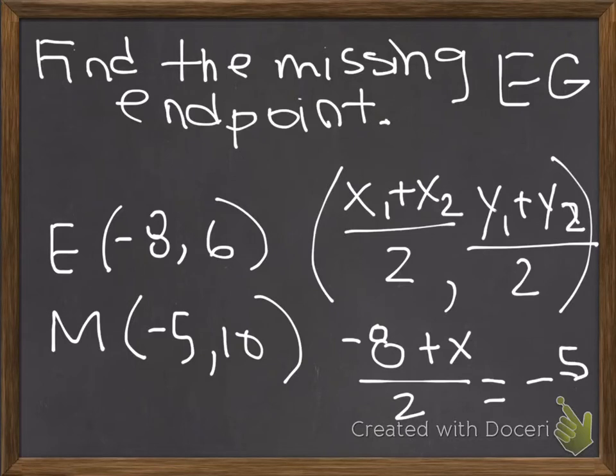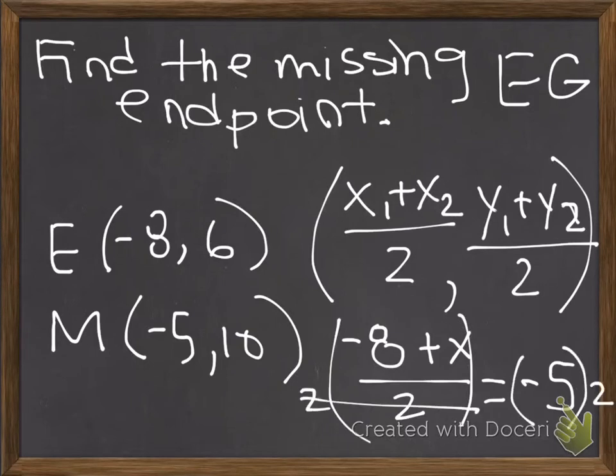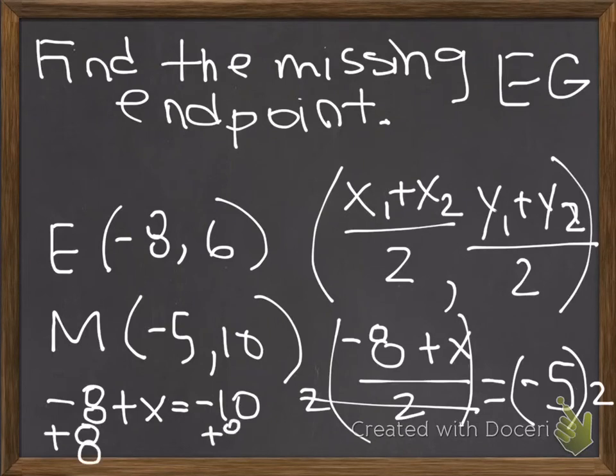So if I just solved this like an equation, I would need to solve for x here, so I would need to multiply by 2, and that gives me negative 8 plus x equals negative 10, and then I would need to get 8 away to get x by itself, so I'd add it. So x would be negative 2.